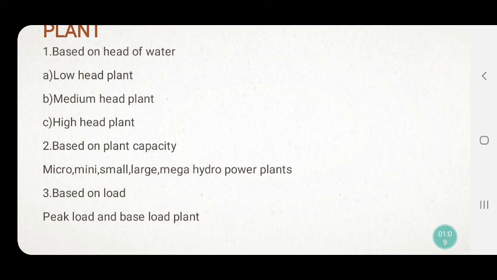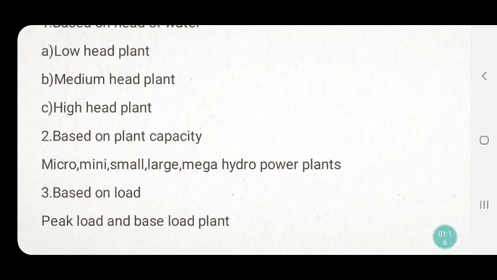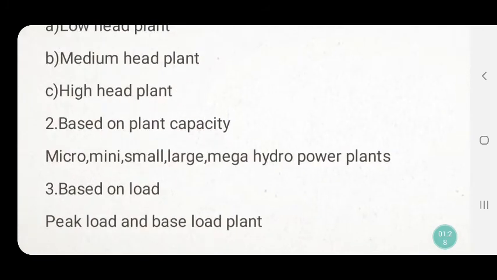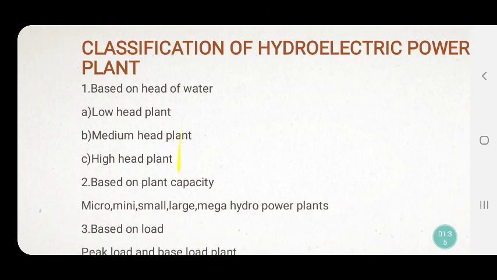Next, based on plant capacity, there are types: micro, mini, small, large and mega hydropower plants. Next, based on load, there are mainly 2 types: peak load power plant and base load hydroelectric power plant.